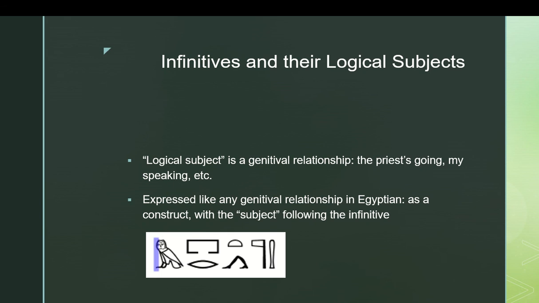In any case, the important thing to take away here is that hem necher is being possessed effectively by the infinitive of the verb peret. Yes, this is just at the going out.